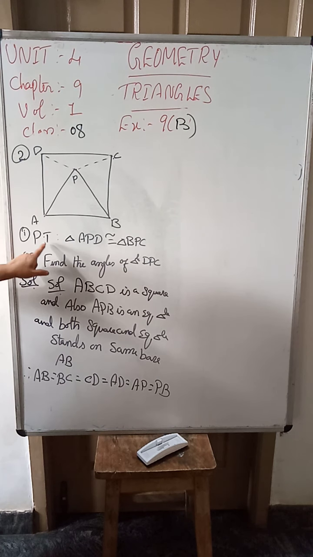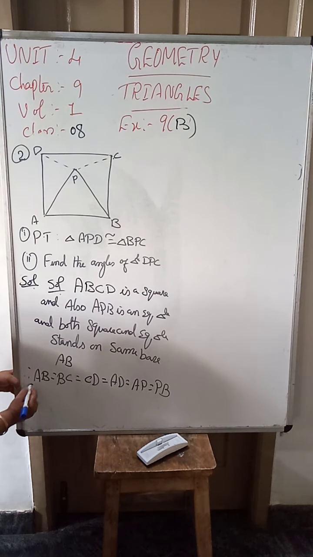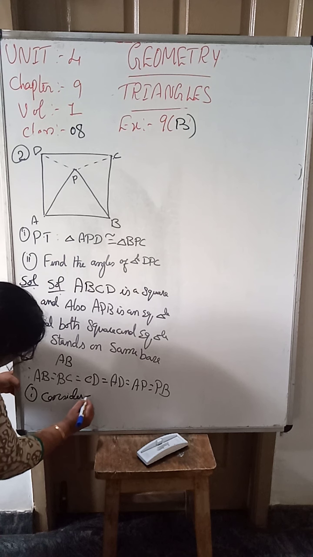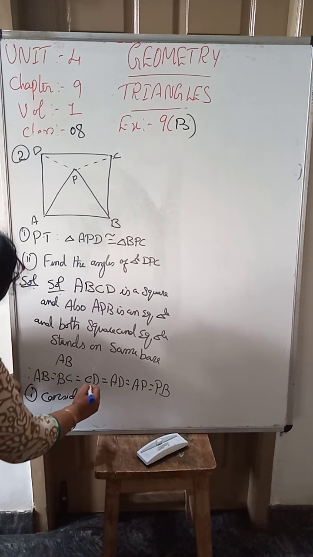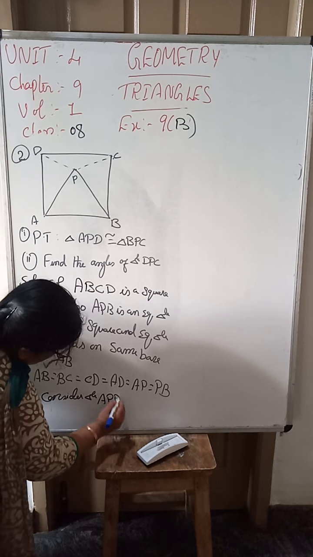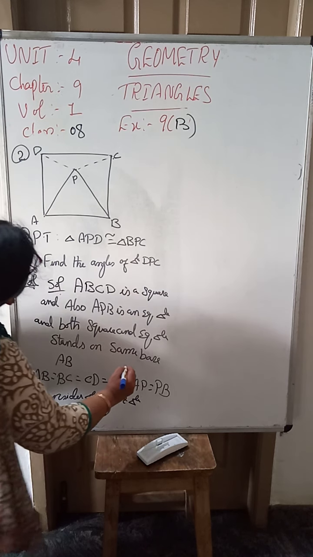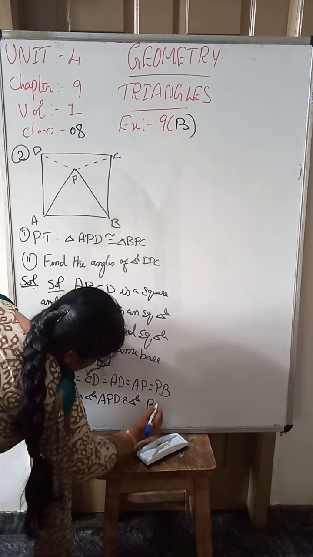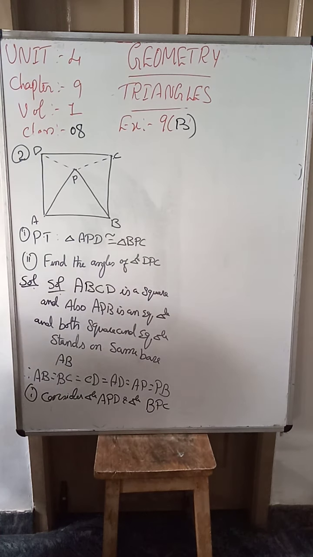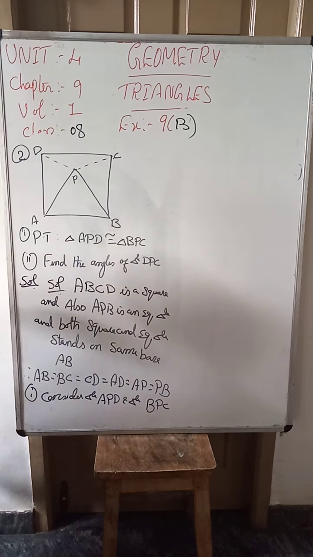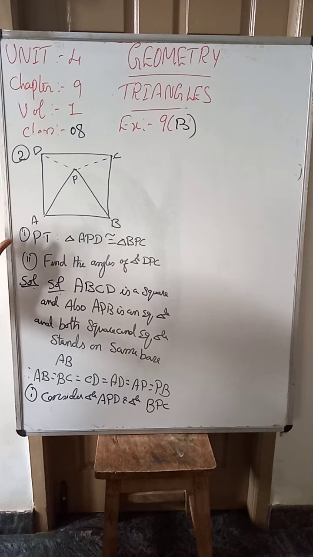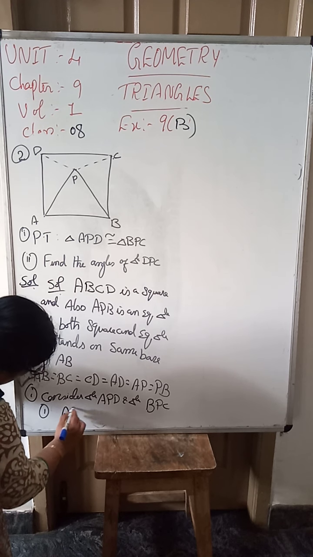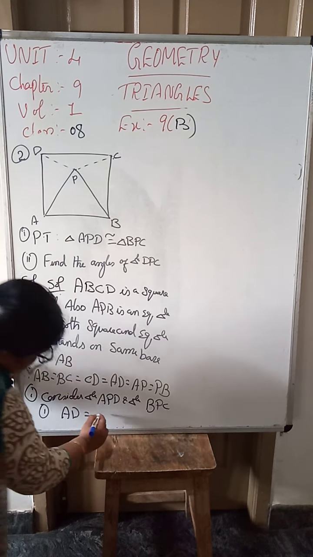Now here we have to prove the first problem. I am taking the first problem. Consider triangle APD and triangle BPC. First, AD is equal to BC.